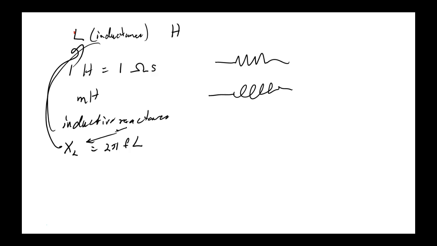Now let's think about what we've got here. 2 pi is just a number. 2 is a number, pi is a number. Frequency is measured in 1 over seconds, remember? Cycles per second. And inductance is measured in ohm seconds. So your seconds cancel out and you're left with ohms.